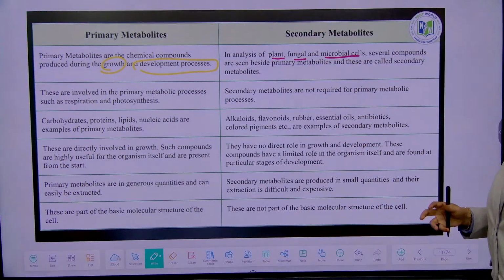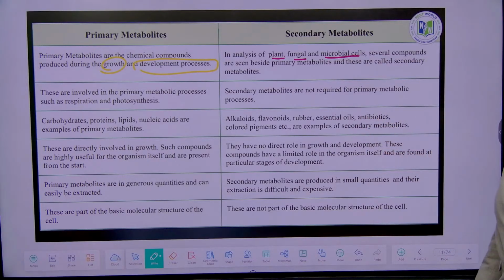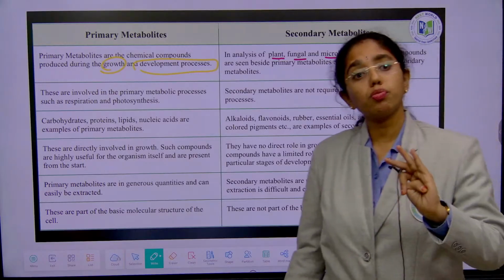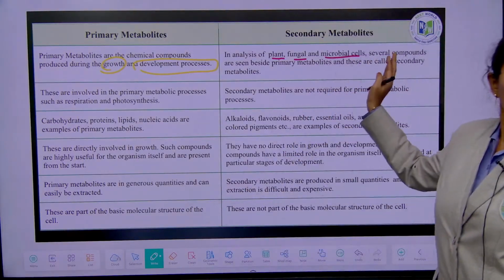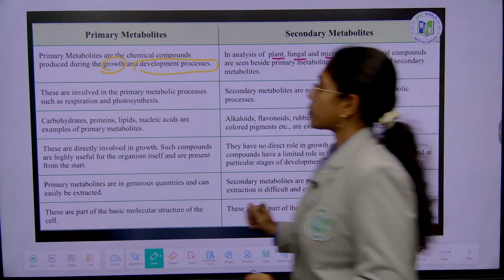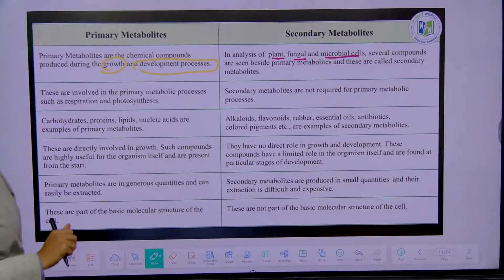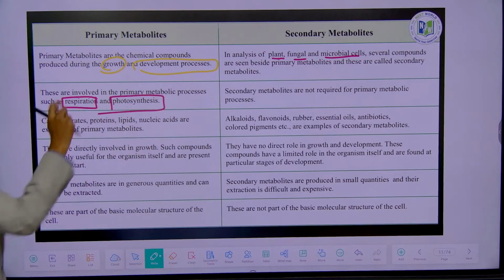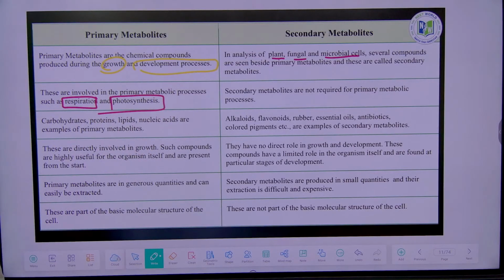Several compounds are seen besides primary metabolites for different functions, be it for pigmentation, for defense mostly; those are known as secondary metabolites. You got the initial difference, right? Now, primary metabolites are involved in primary metabolic processes like respiration and photosynthesis. Just now we took one example of the glycolysis pathway.